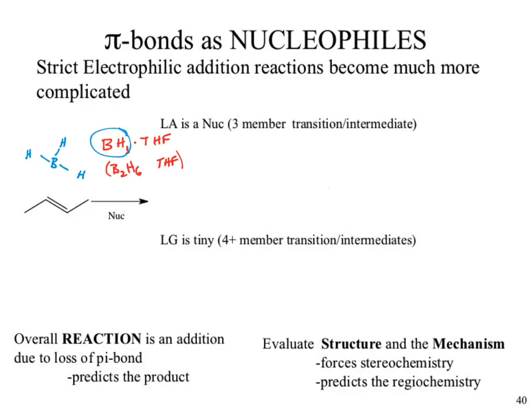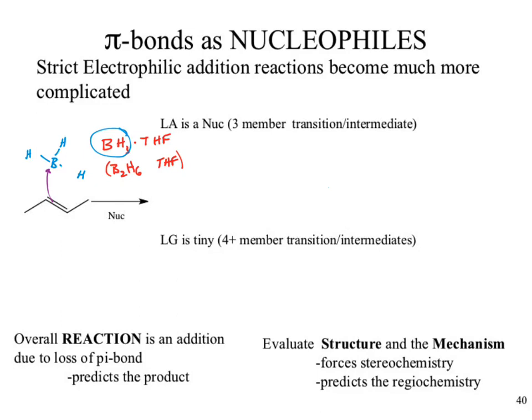So those electrons can come out and share with the boron. But now I need a leaving group. Is hydrogen a good leaving group? Nope. Does boron have a lone pair of electrons to act as a nucleophile? Nope. So I have a tiny leaving group and no nucleophile, which means I have to form this 4-member transition state.